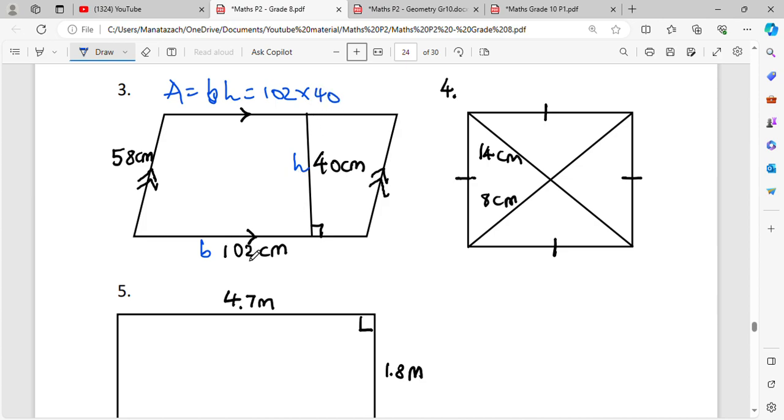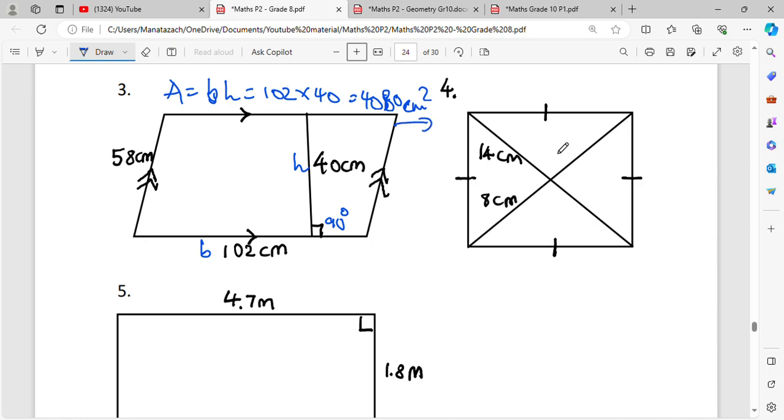Remember, how you decide on the base and the height: there would be an interface of 90 degrees in between them. So remember that point is very important. So here 102 times 40 is going to give us 4080 squared centimeters.